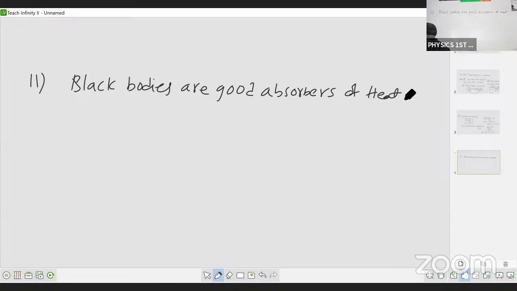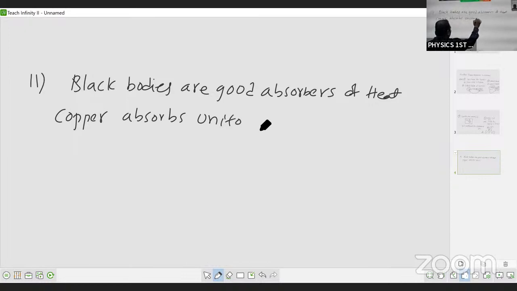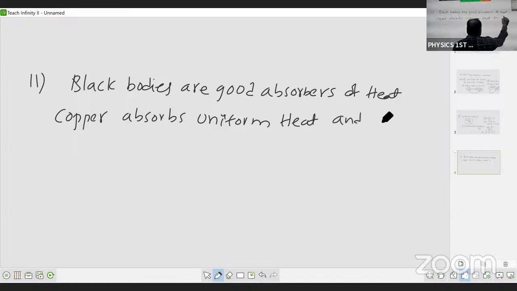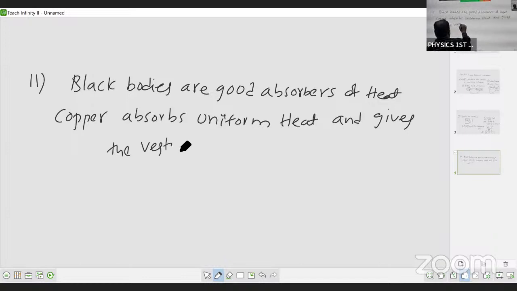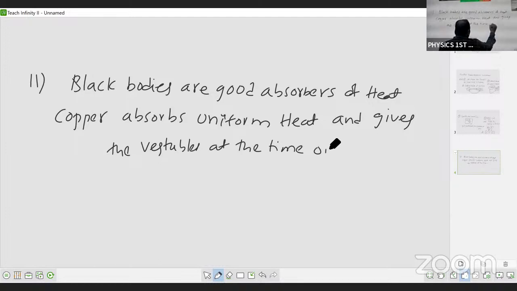Question number 11. Coated black. Why are we coating utensils black? Black bodies are good absorbers of heat. This is one reason, student. And one more is there: why the bottom of the utensils are made of copper. Copper absorbs uniform heat and gives it for cooking.